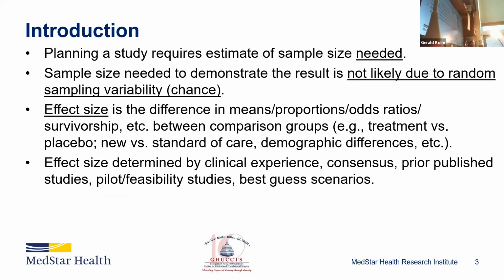And what do we mean by needed? Well, it's needed to demonstrate that the result is not likely due to random sampling variability. I'll go over this in more detail, but we're not getting sample size to determine whether the results are important or meaningful, but it's related to the concept of statistical significance.